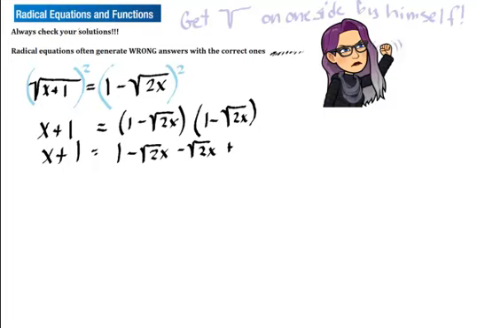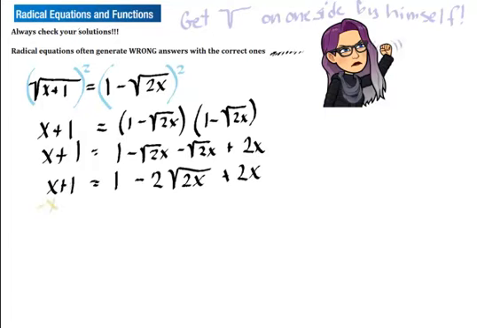I'm just going to write that as 2x because I know that'll be 2x. All right, so we've got x plus 1 equals 1 minus 2 square roots of 2x plus 2x. All right, let's start moving stuff around because I'm simplified now.